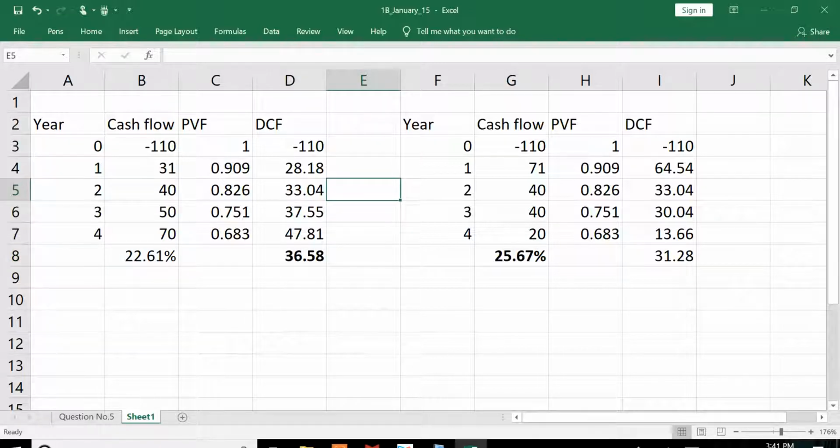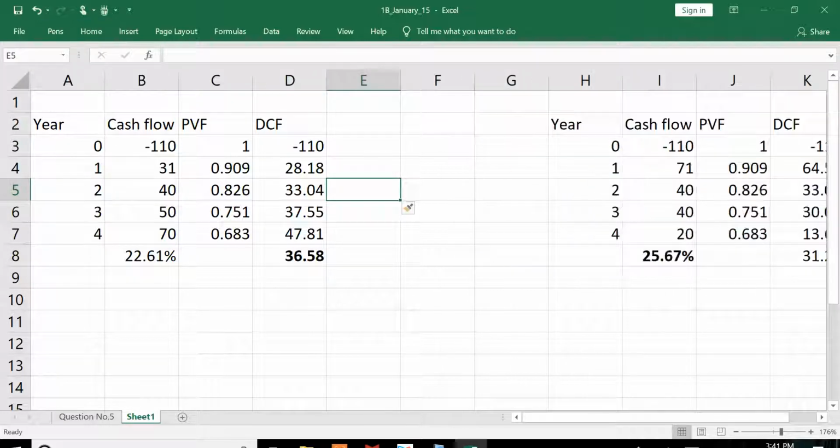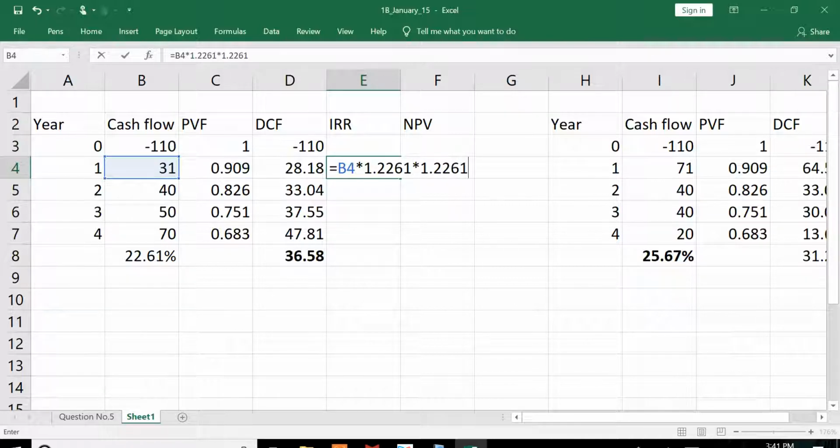Now listen, IRR assumption, NPV assumption. What IRR says is that this 31 will get reinvested at 1.2261 into 1.2261 into 1.2261. That is 3 years you will reinvest at the rate of 22.61%.